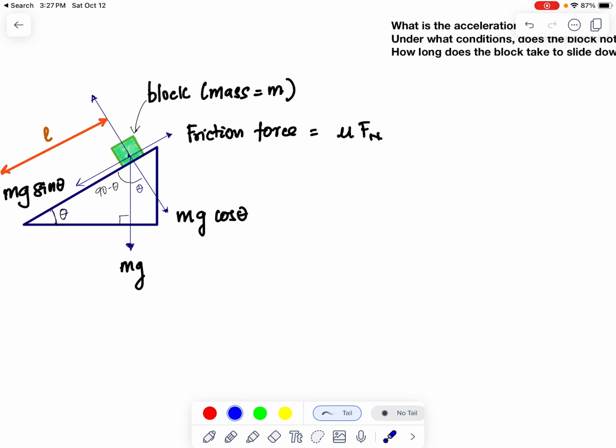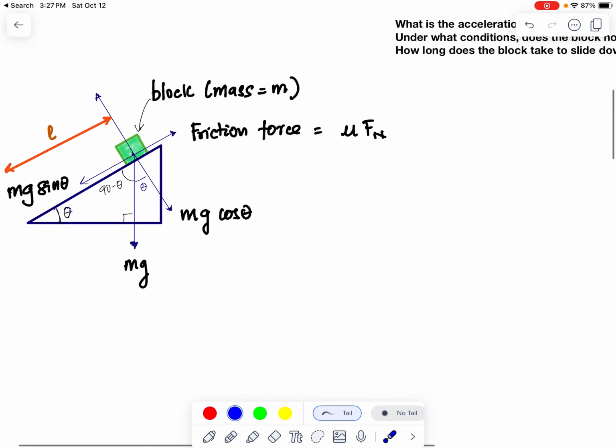Now, if we want to resolve the weight along two components, one that's perpendicular to the inclined plane and one that's parallel to the inclined plane, we see here that this angle is 90 degrees. Therefore, if this angle is 90 minus theta, this angle is theta.